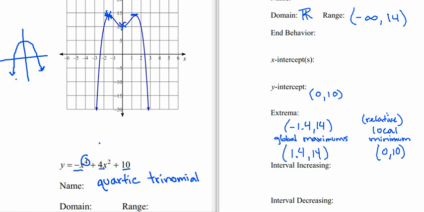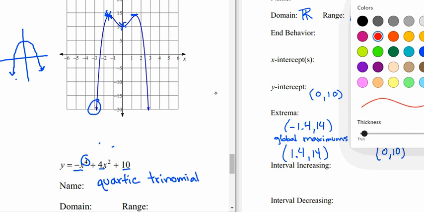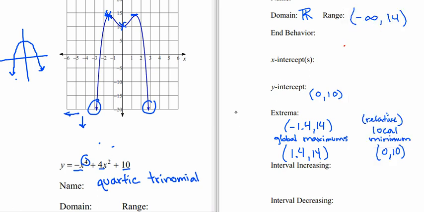Okay, so what else do we need to do? In behavior. How do the ends behave? We're looking at these two things. They point in multiple directions. This one is pointing left and down. It's much more down than left, but it is still moving to the left. So on the left side, the x values are going in the negative direction forever.